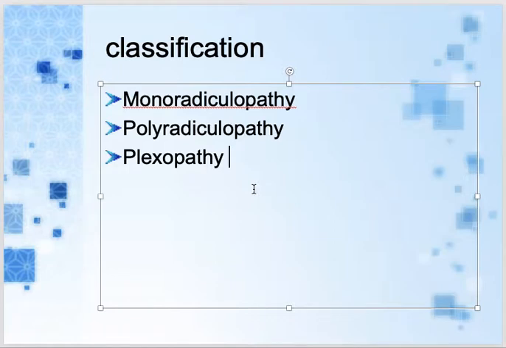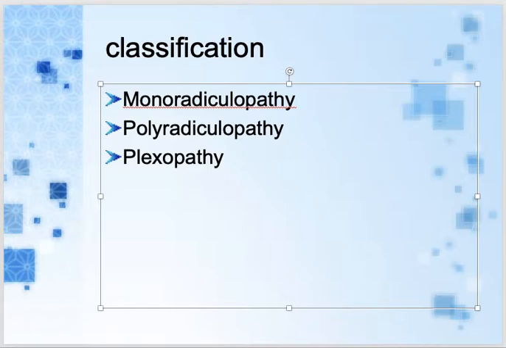So now we know that there is something called Erb's palsy or Klumpke's palsy. So what happens in Erb's palsy? Like I want to show you the brachial plexus.